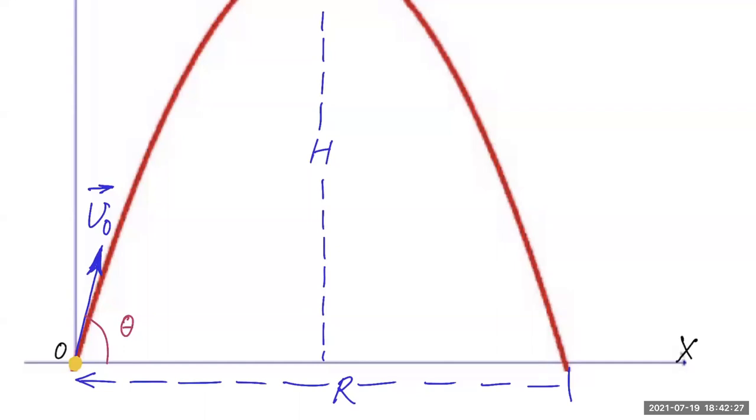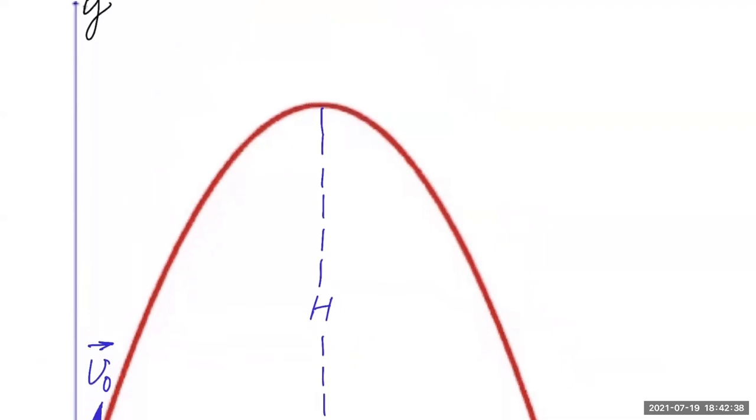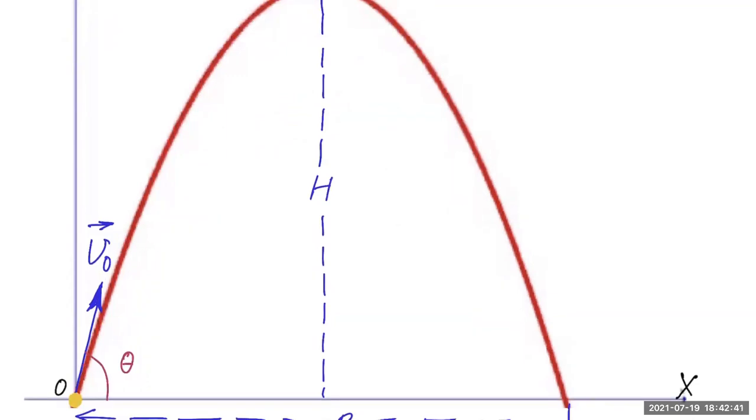Now, I designate the x direction to be horizontal, and the y direction to be upward, vertical. It doesn't have to be the case, but that's typically what we do. Okay, now, this red curve is the projectile. Common knowledge tells us this is a parabola, but we're going to derive that.